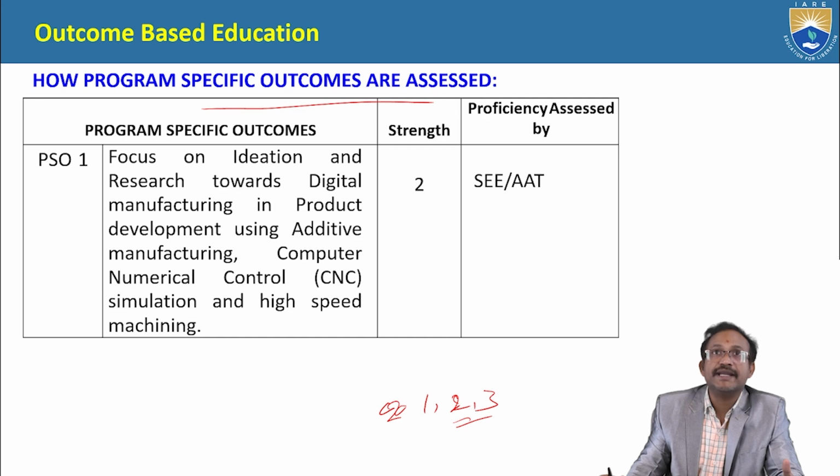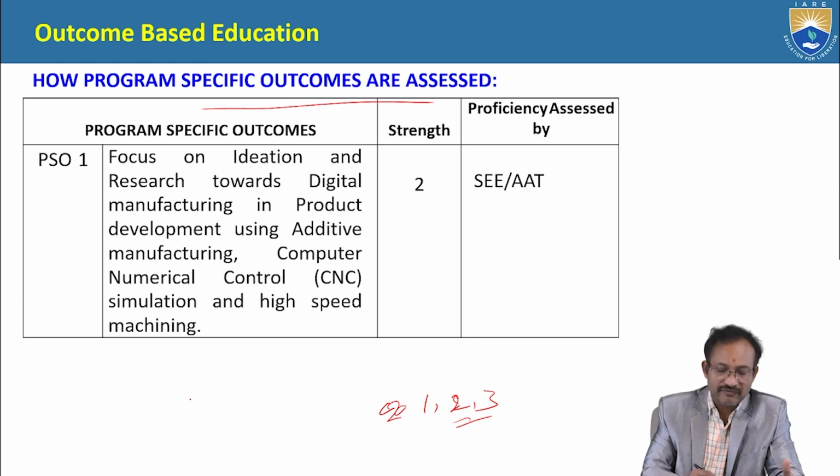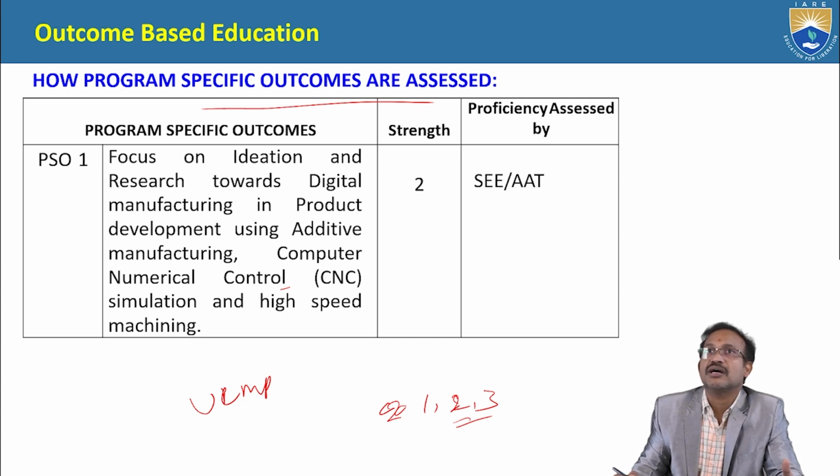Focus on ideation and research towards digital manufacturing in product development using additive manufacturing, computer numerical control, simulation, high speed machining. This program specific outcome is related to additive manufacturing and computer numerical control type machining or manufacturing.